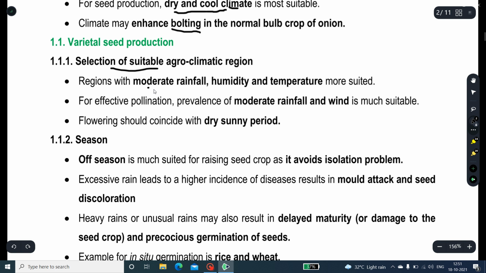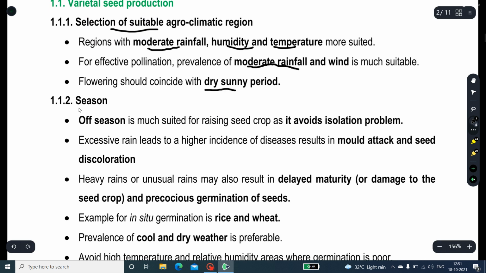Regions with moderate rainfall, humidity and temperature are most suited, and for effective pollination, moderate rainfall and wind are suitable. High rainfall leads to loss of pollen availability, and flowering should coincide with the dry sunny period so that flowering takes place in an effective way.